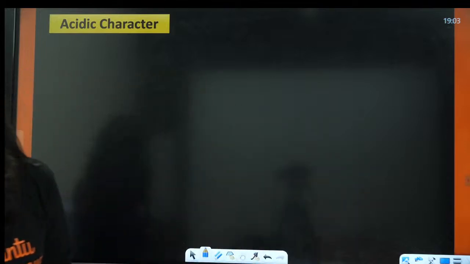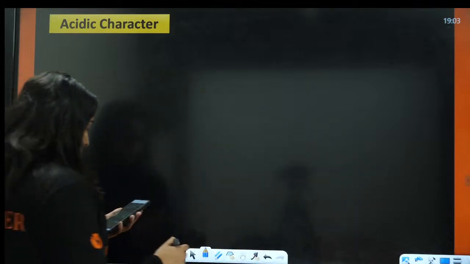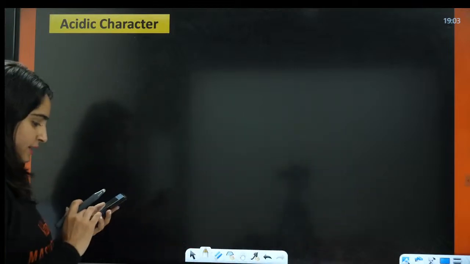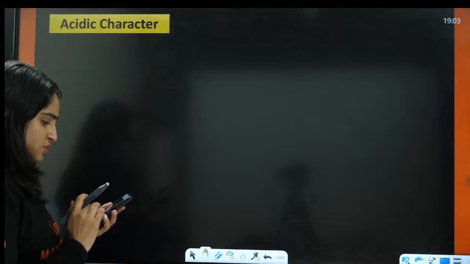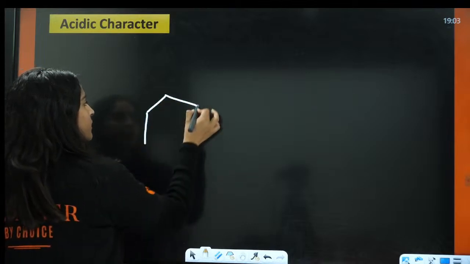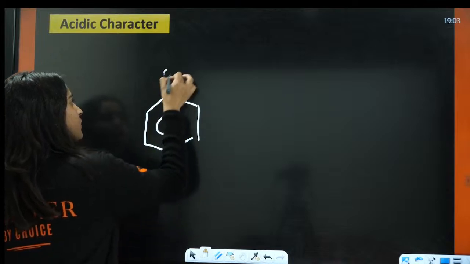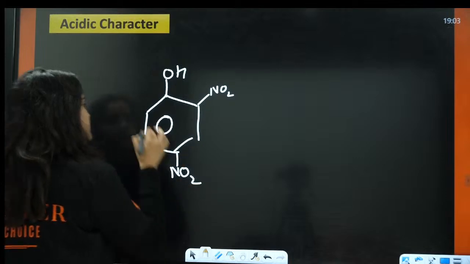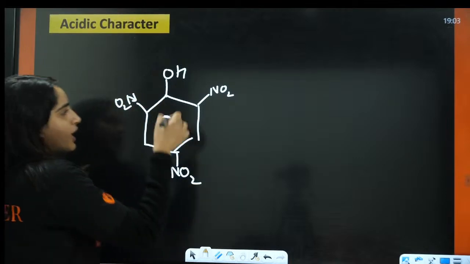So now, next, let us do some structures again. This is a very nice question. So now, what is the name of this structure that I have drawn?